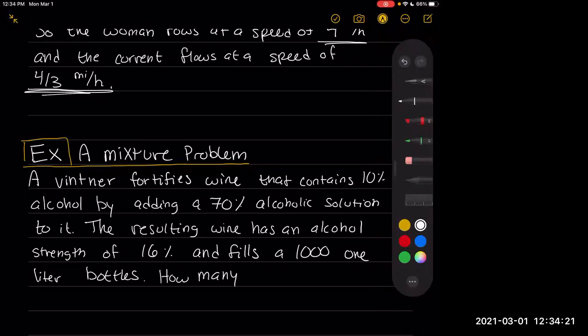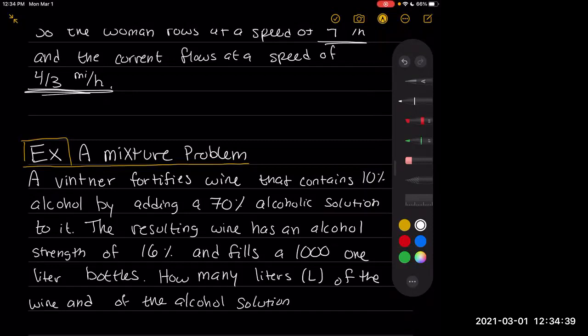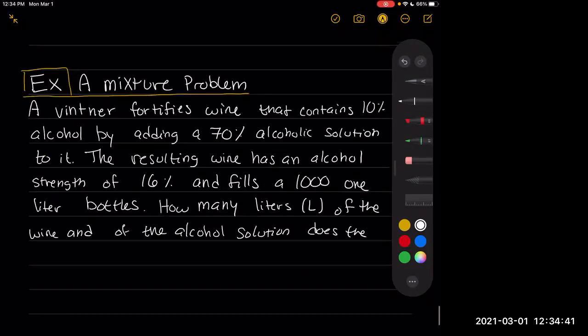How many liters of the wine and of the alcohol solution does the vintner use?